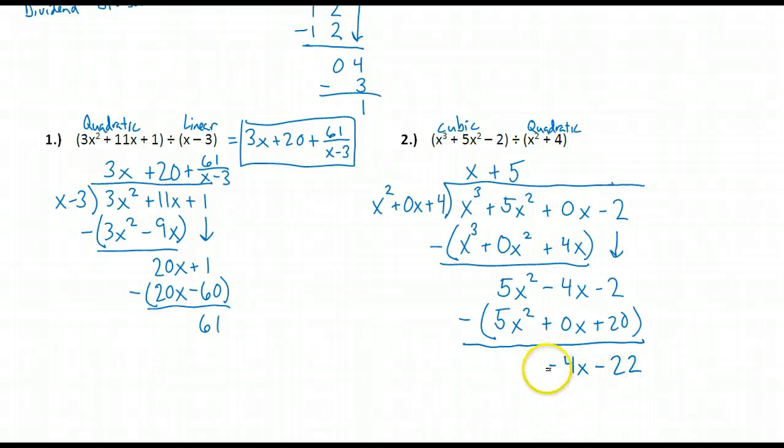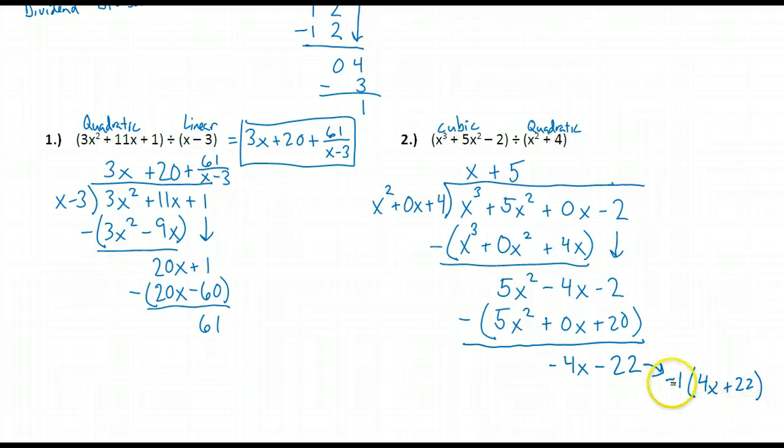Notice that my leading coefficient is negative. I don't want my leading coefficient to be negative. I want my leading coefficient to be positive. So I'm going to rewrite this problem by factoring out a negative 1. Negative 4x minus 22 is equivalent to negative 1 times 4x plus 22.